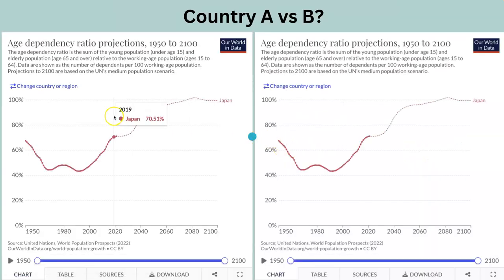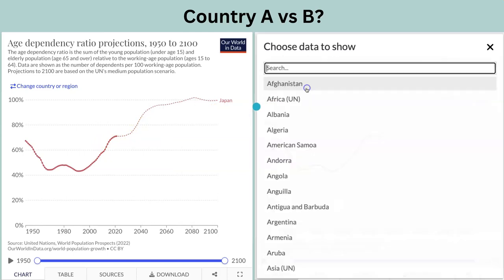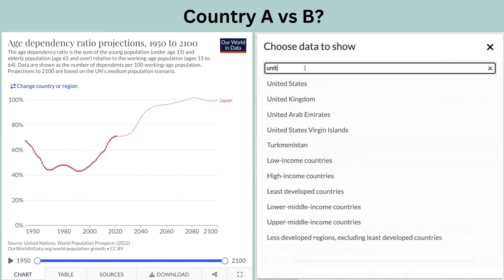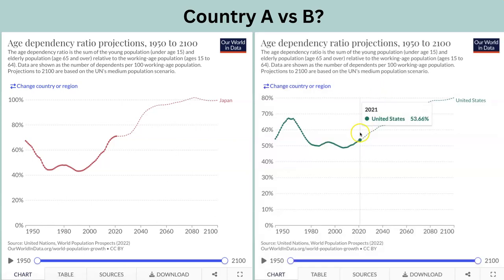All right, so the age dependency ratio of Japan is increasing more and more because of the older population. And we may go to the United States. The age dependency ratio is higher these days, and the United States would also be very high. Not higher than Japan, but it also goes to 80.